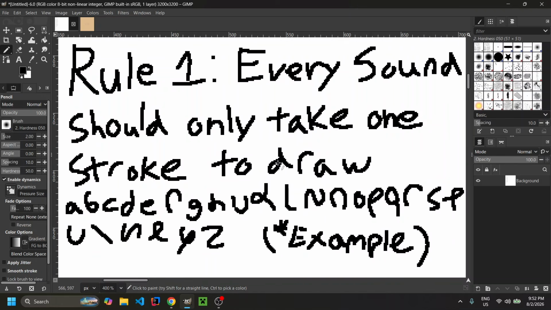Rule number 1. Every sound should only take 1 stroke to draw. And then I quickly went through the alphabet as an example. If I tried to draw everything, like that was my K with one stroke. A stroke is a dot, a line, curve, or a circle. If a circle is met and you get more than a circle, it's interesting.